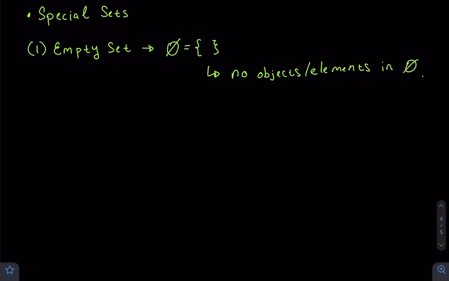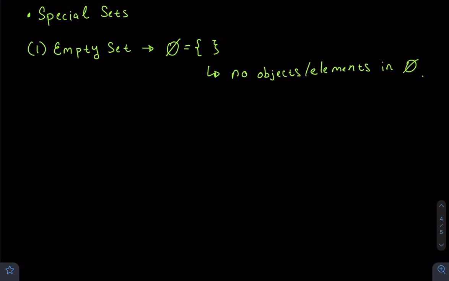In probability theory, this set is of great importance, especially when building it up. So right now it may not seem so important, a little ambiguous, but all you have to know about the empty set right now is that it's a set that contains no objects, no elements.